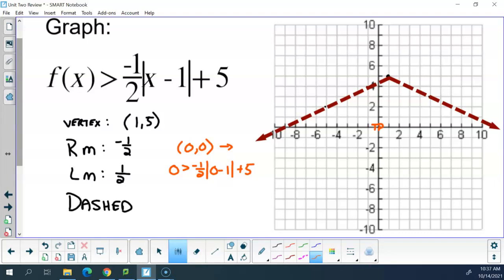Negative 1/2 plus 5 is 4.5. So this is 0 is greater than 4.5. True or false? That is a false statement.